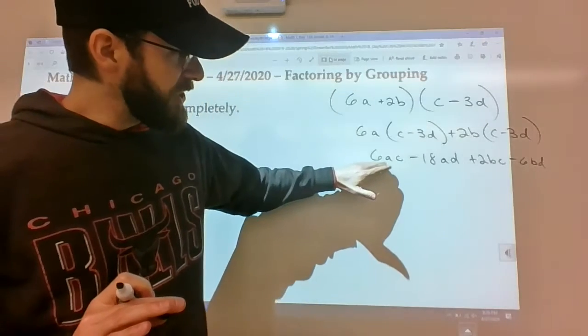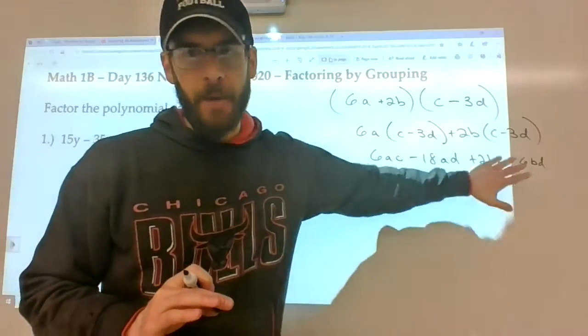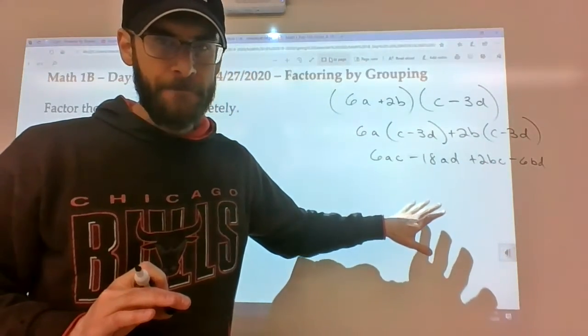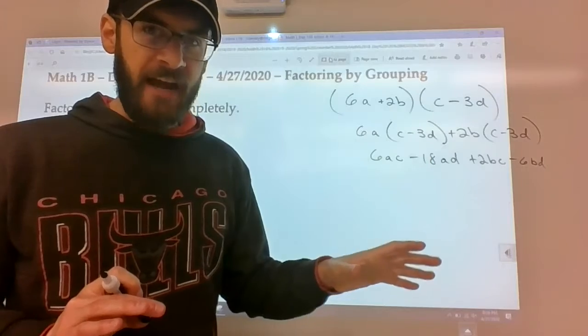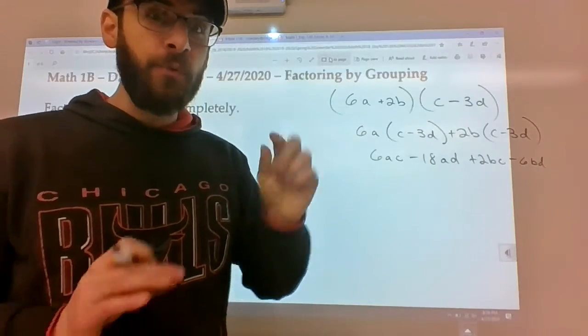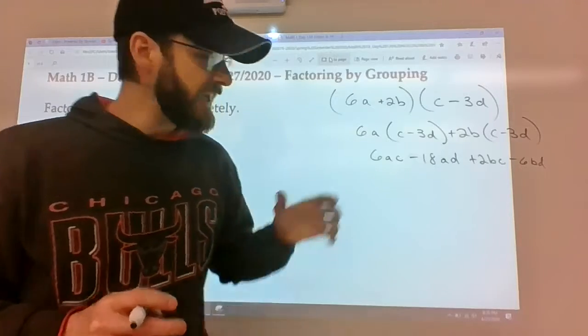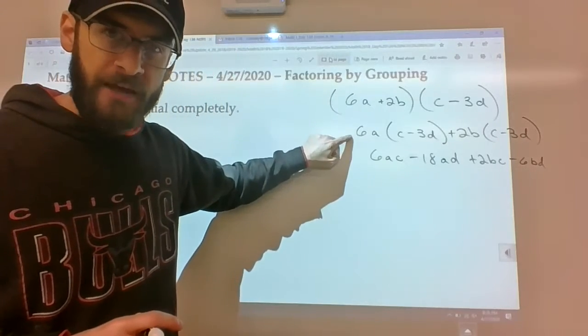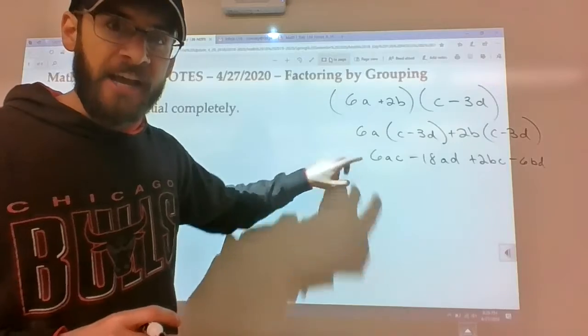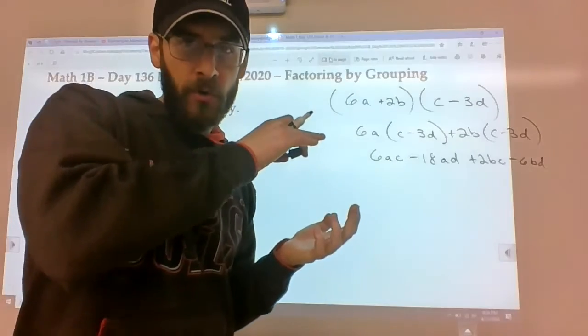In this situation, we actually wouldn't have been able to combine any more like terms beyond that. But I wanted to highlight the fact that factoring is the reverse of distribution. It's basically like the distributive property where you multiplied through and then got it down to this. Factoring is the reverse order of that.